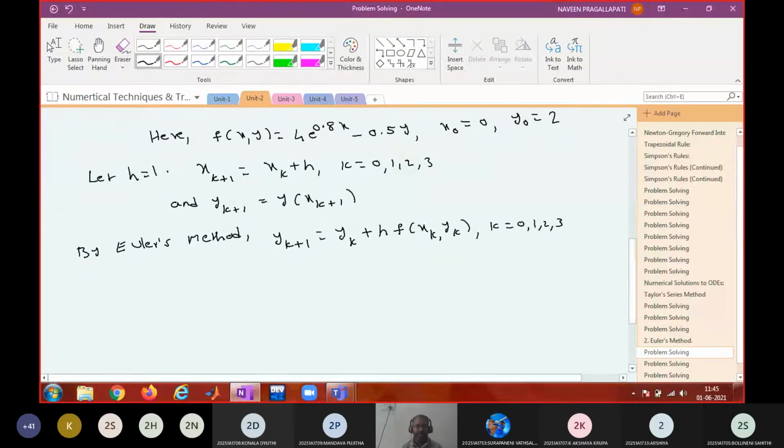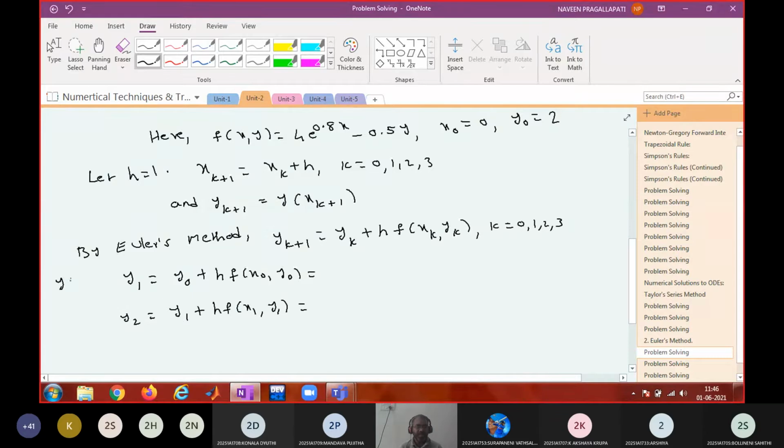Okay. So find out first y1. y1 equal to y naught plus h into f of x naught y naught. So y2 is equals to y1 plus h into f of x1 y1.